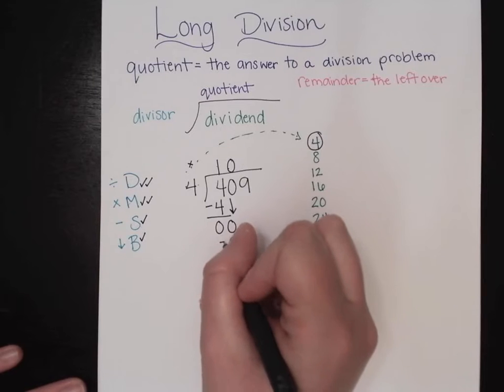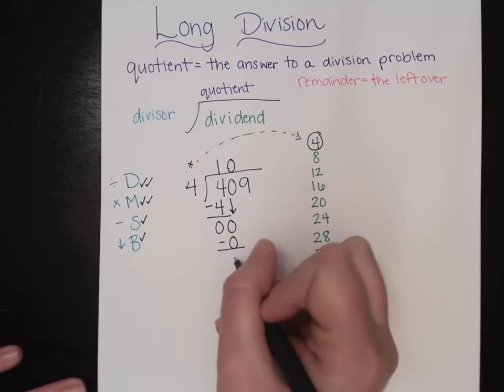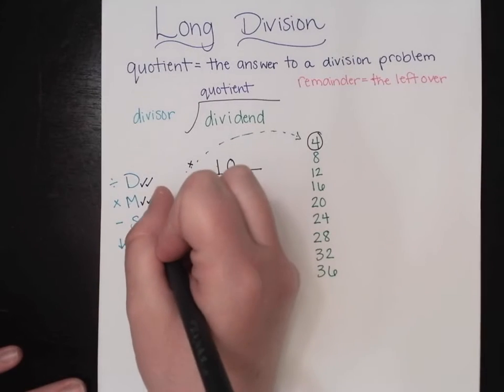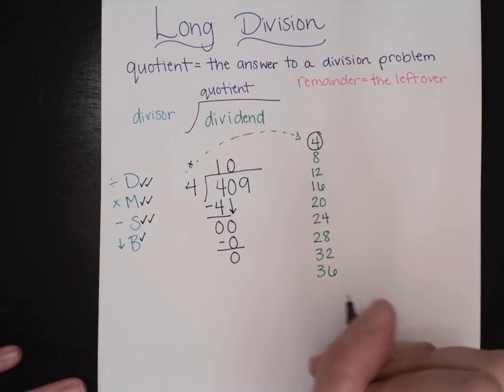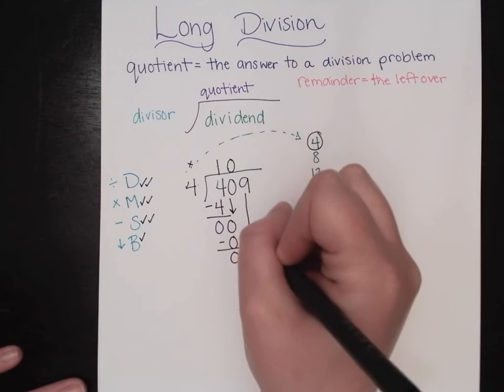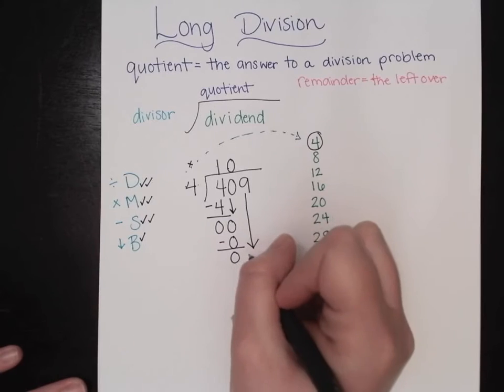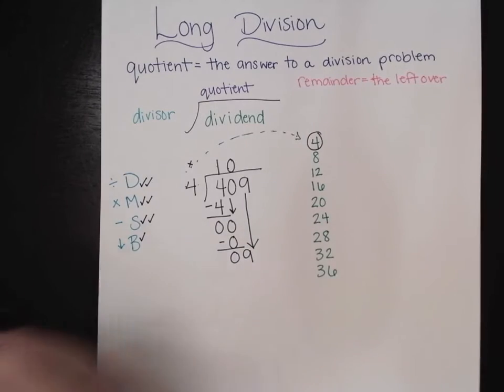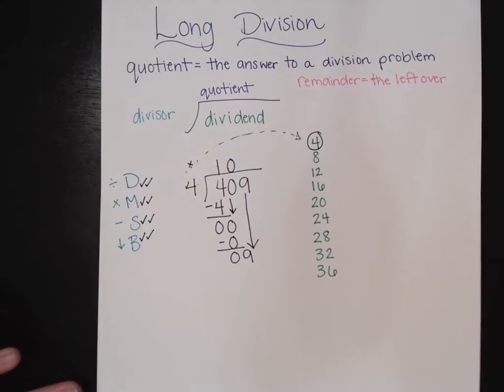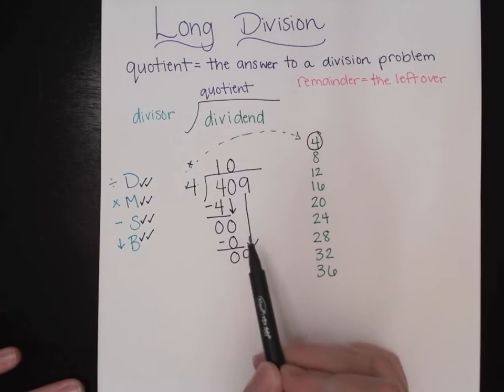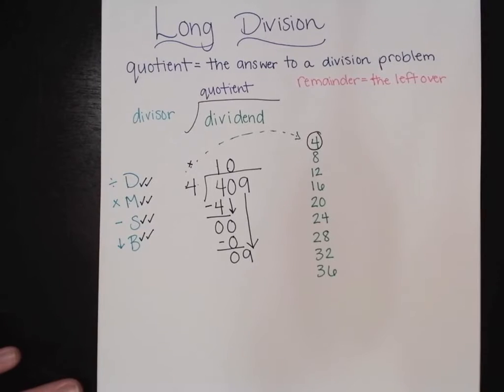Subtract. 0 minus 0 equals 0. Check subtraction. And then bring down. Now I need to bring this 9 all the way down. And then check bring down. Remember, you always repeat these steps. If you have 3 digits in your dividend, you repeat these steps 3 times.